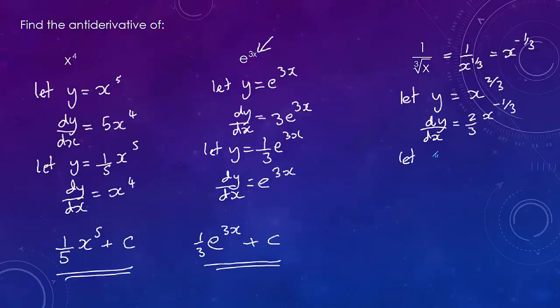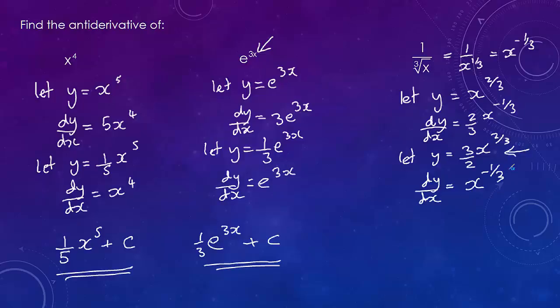What about letting y be equal to 3 over 2 x to the 2/3? When we differentiate that, 2/3 multiplies the 3 over 2 to give us 1. So we would just get x to the negative 1/3. It's exactly what we want.